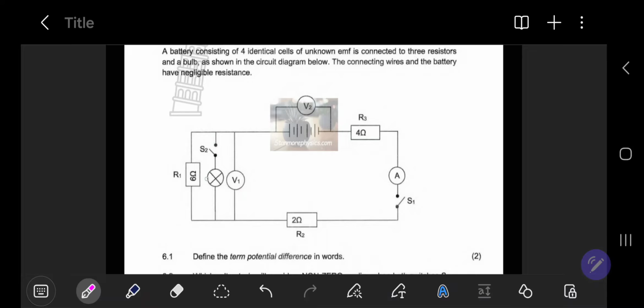So if there is any resistor next to that switch, current will not be able to flow through that resistor. So if a particular switch is open and there is a resistor next to it, while the switch is open, it's as if that resistor is not even part of the circuit.